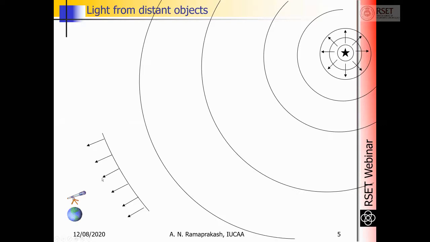Instead of a telescope, if you put your eye here, in dark conditions, your pupil is open to about 8 millimeters. So your eye is like a telescope which collects light over an 8 millimeter area from this wavefront. On the other hand, if you put a 10-meter diameter telescope, it is collecting over an area of 10-meter diameter from the same star, and the star appears brighter. It's collecting more light.